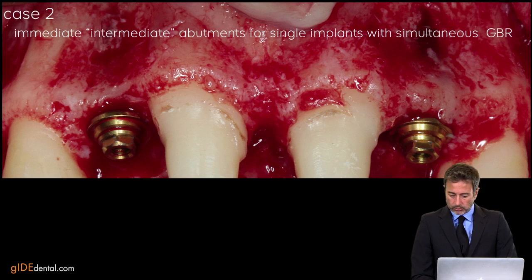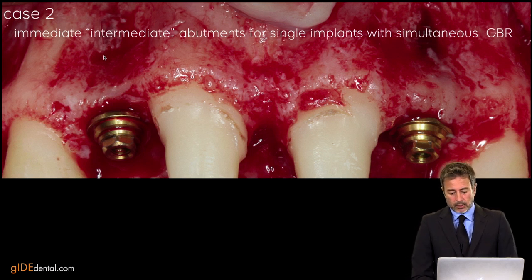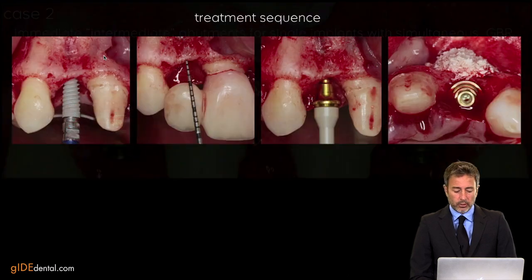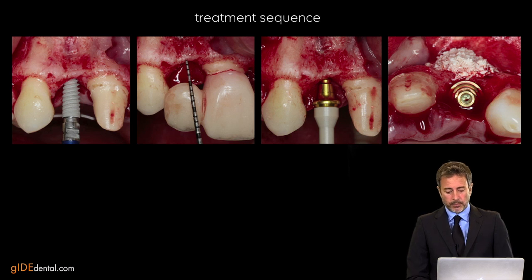like you see in this case, where we have two laterals missing and we place the two implants. You see the concavities and the bone missing in the labial surface of these implants. Again, we had the 30 newton centimeters. We immediately connect the intermediate abutments, and at the same time we are doing the GBR procedure, the guided bone regeneration procedure, with Cerabone.